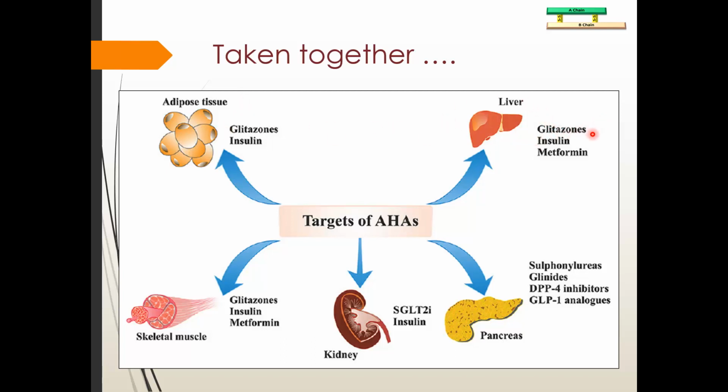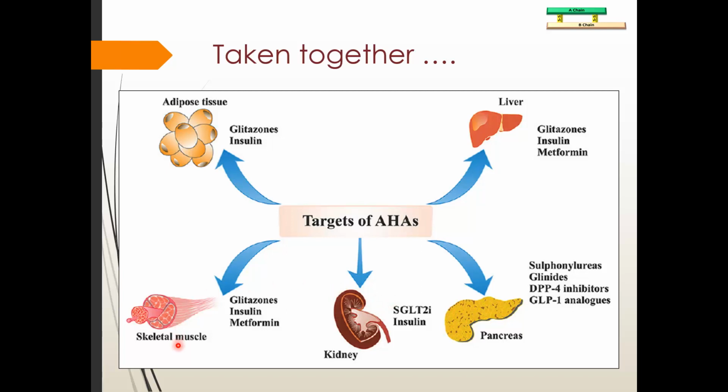In the liver, you know that glitazones, insulin, and metformin all work by decreasing hepatic glucose production. Sulfonylureas, glinides, DPP4 inhibitors, and GLP-1 analogs are all secretagogues. They work on the pancreatic beta cell, and some of them also decrease glucagon secretion. SGLT2 inhibitors increase glucose loss in urine and decrease blood glucose level.